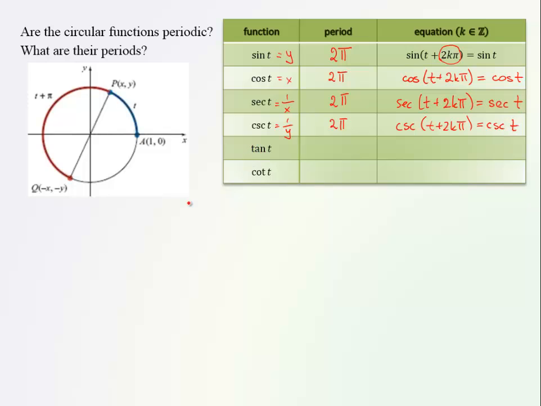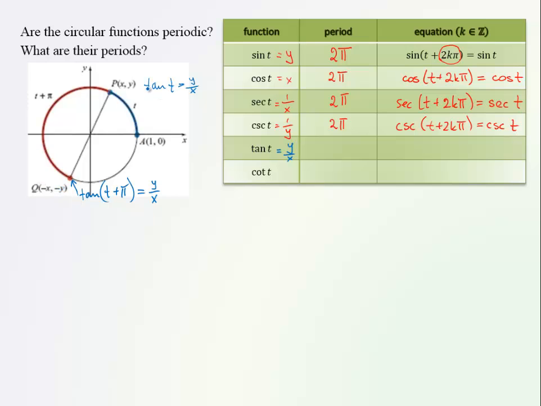Now, the tangent is slightly different because, as we remember, tangent is y over x. So a point with coordinates x, y gives you tangent y over x, but also a point with coordinates negative x, negative y gives you the same tangent. So tangent of t plus pi, which is here, also gives us y over x because the two negatives cancel.